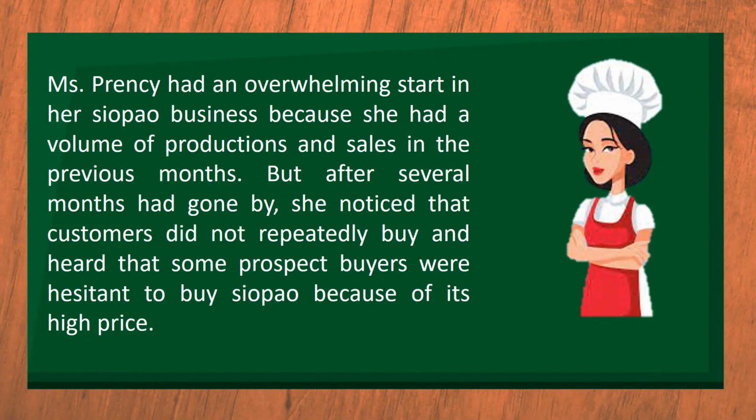Miss Prency had an overwhelming start in her Siopao business because she had a volume of productions and sales in the previous months. But after several months had gone by, she noticed that customers did not repeatedly buy and heard that some prospect buyers were hesitant to buy Siopao because of its high price.